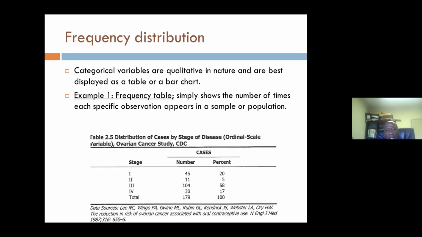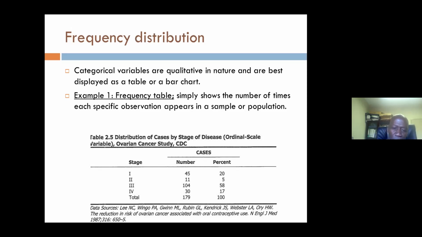So with categorical variables that are qualitative in nature, we normally describe them using a table or a bar chart. The example that you see in the table there shows the number of individuals who have been staged for a given disease, in this ovarian cancer example: stage 1, stage 2, stage 3, and stage 4, and the number of individuals in each stage.